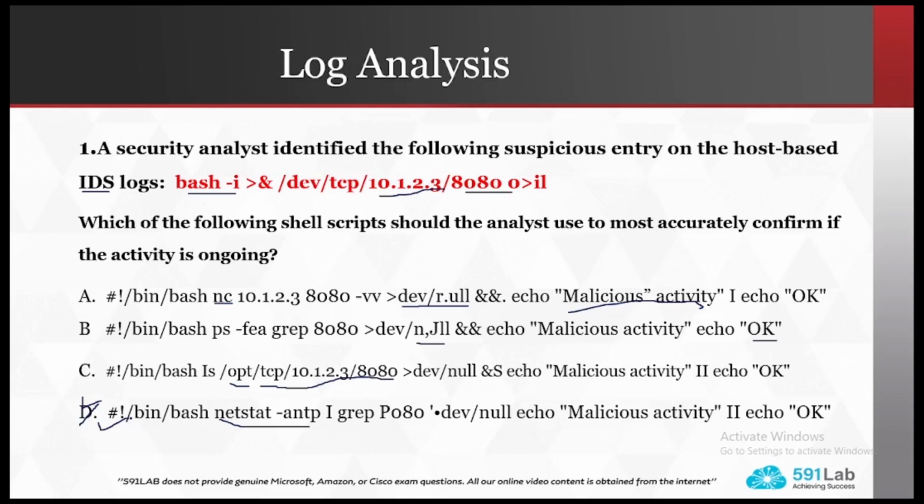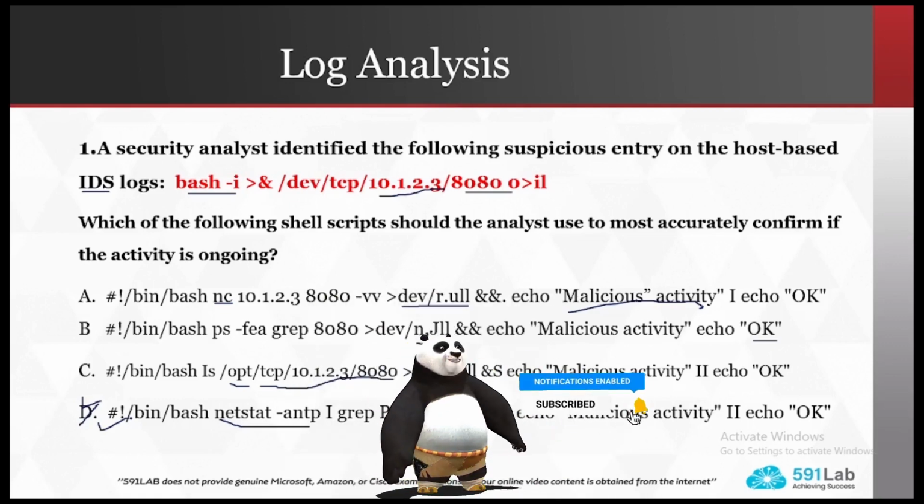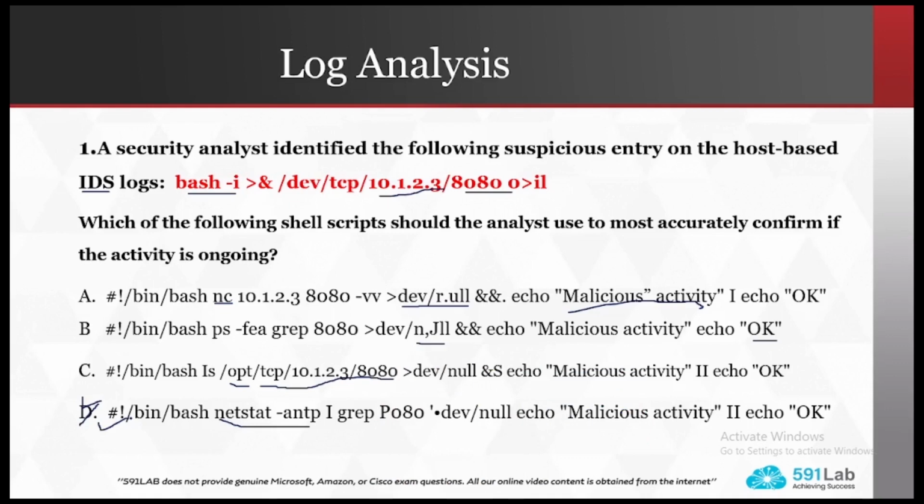It also minimizes information leakage, since the output goes to /dev/null to prevent sensitive information about active connections from being revealed in the log. It also provides a clear message: malicious activity if the listening process is found, and awk if not, making the output easy to interpret. While scripts A and B, as we have seen, attempt to establish a connection or check for a file, they either use an inappropriate method or don't directly match the suspicious activity in the log.